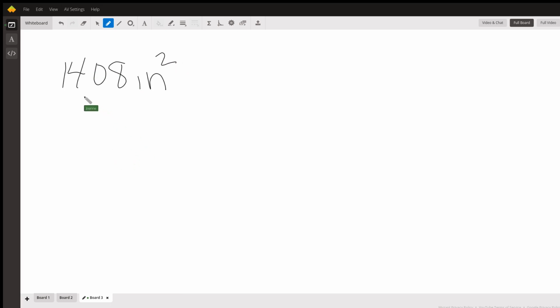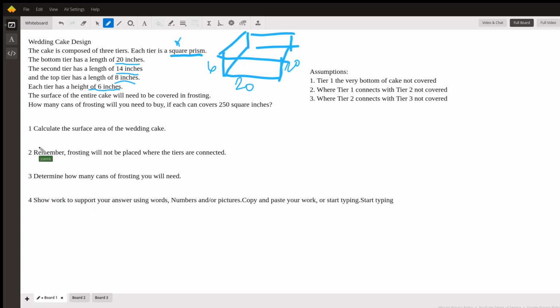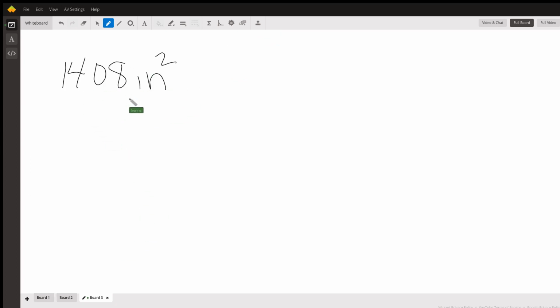With that being our total, we found the surface area of the cake. It is, what did we say? 1408. Let me put that in. 1408 inches squared. And we remembered this was part of our assumptions. It says, how many cans of frosting do you need? And it told us that each can covers 250 square inches. So now I know how many square inches I have.